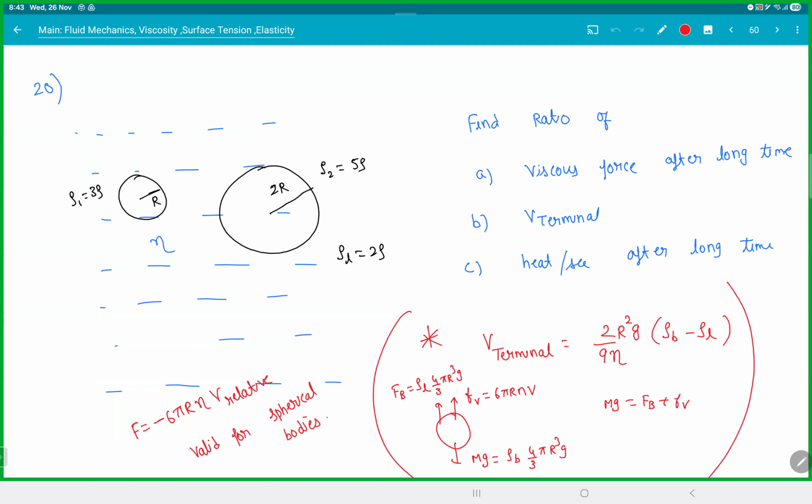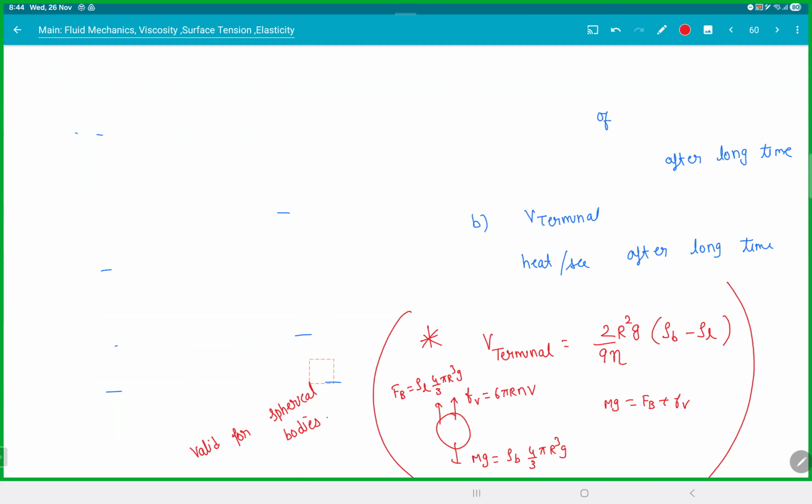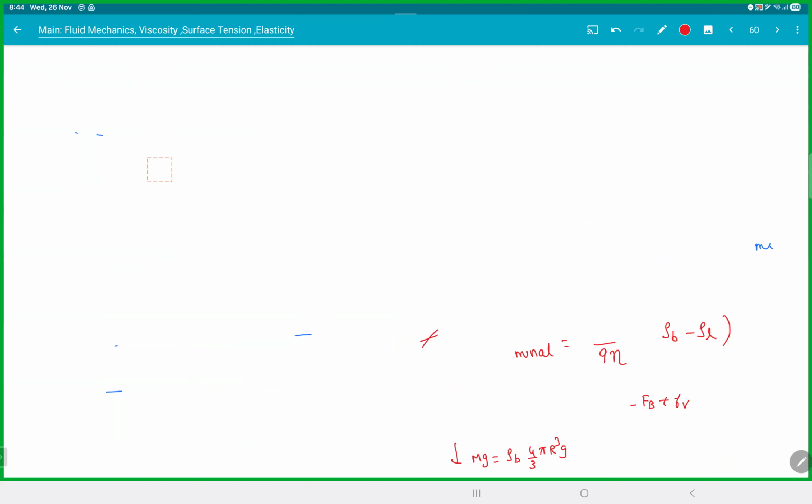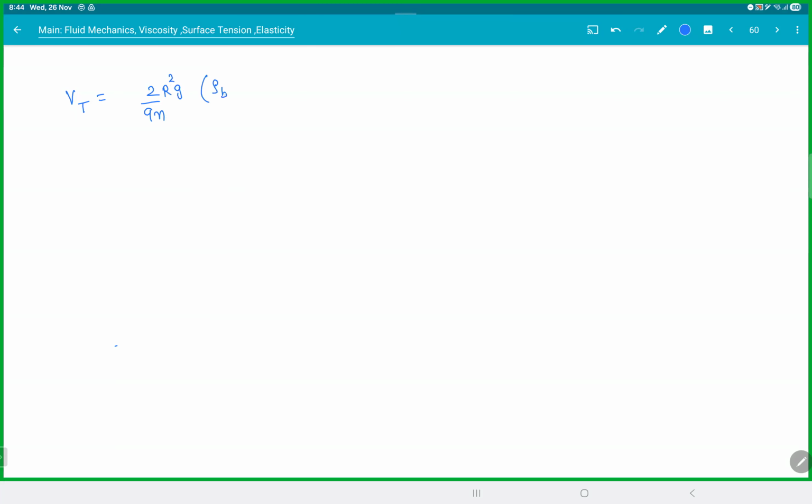Let's see. So first of all, what is the V terminal there? V terminal is 2 by 9 eta R square g (rho B minus rho L).